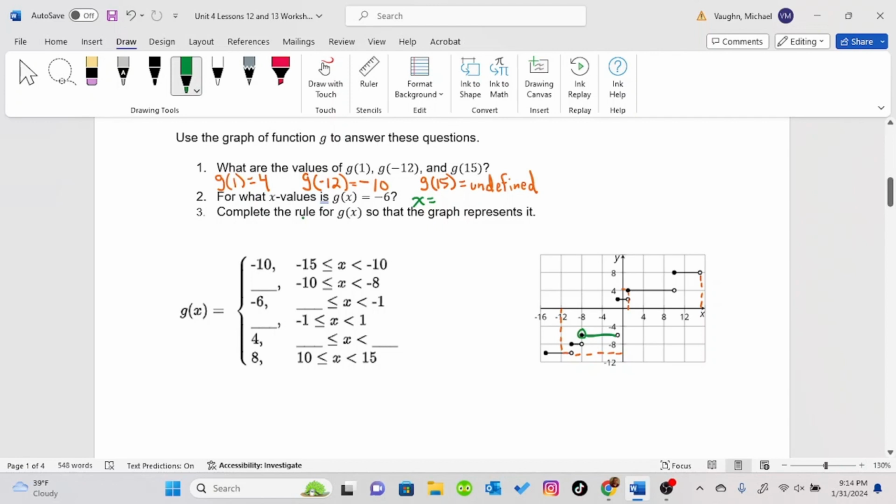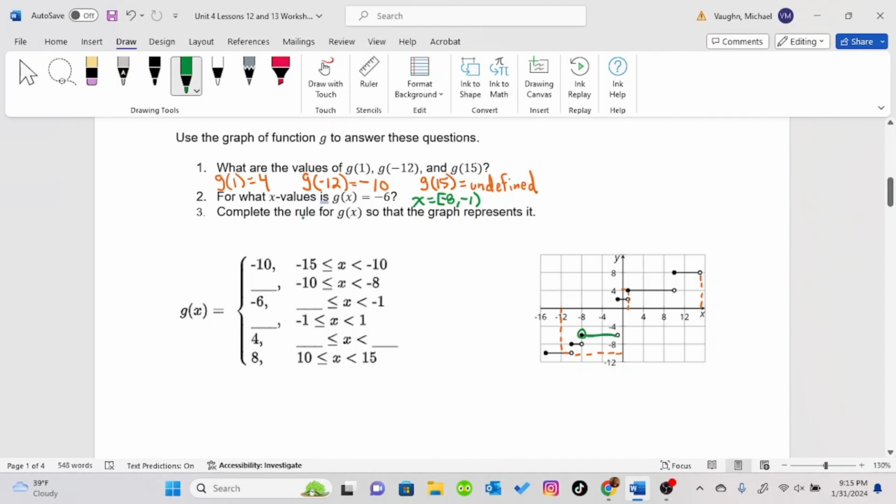So we could say x equals negative 8 is included, so we're going to use a bracket and say negative 8, and then a comma, and then negative 1 and a parenthesis because we are not including negative 1.